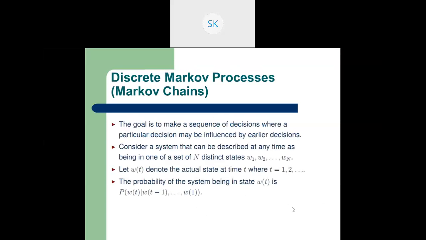So the goal is to make a sequence of decisions where a particular decision may be influenced by the earlier decisions. That is the goal of this Markov model. Consider a system that can be described at any time as being in one of n distinct states.